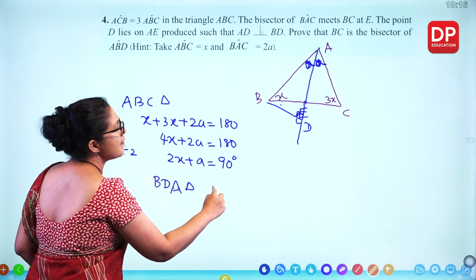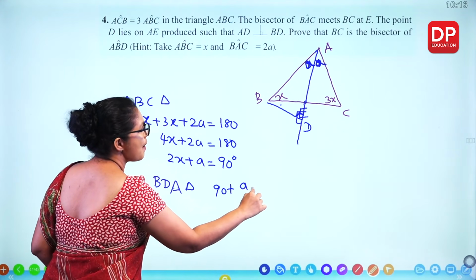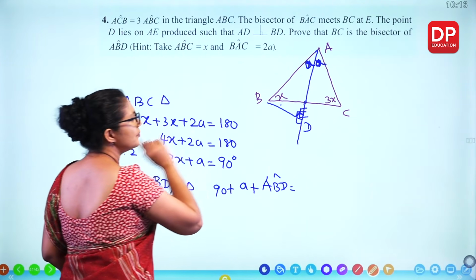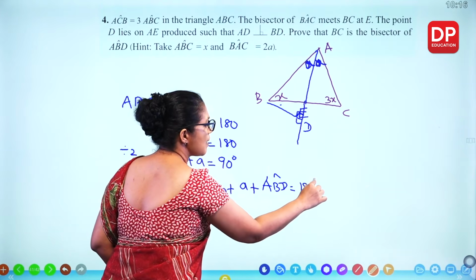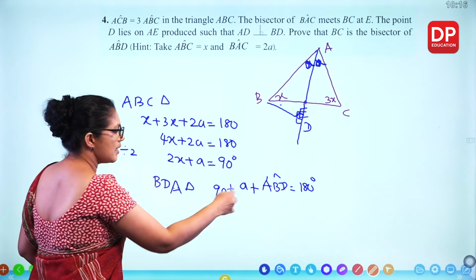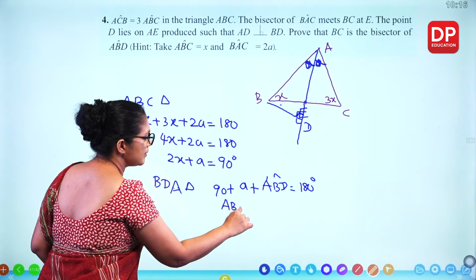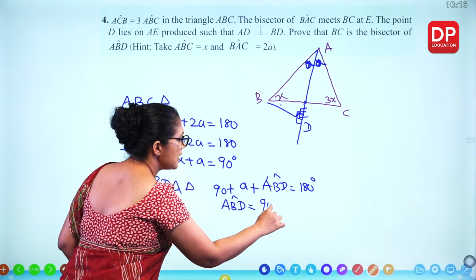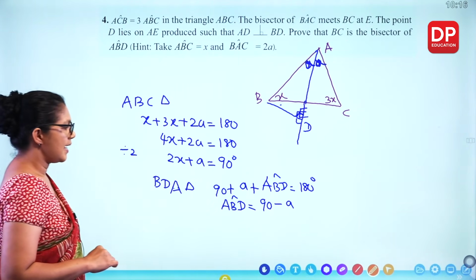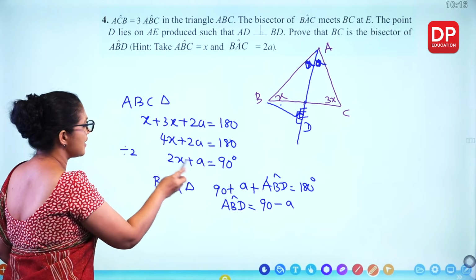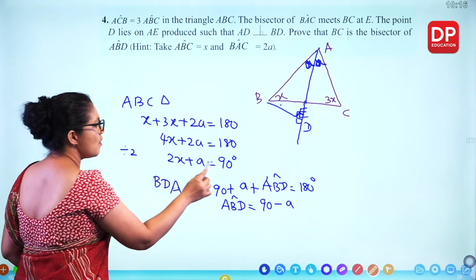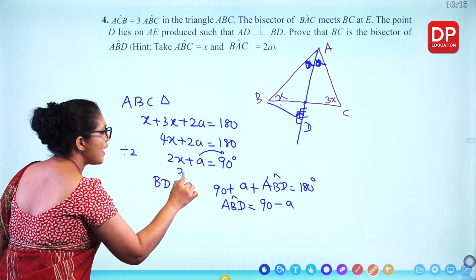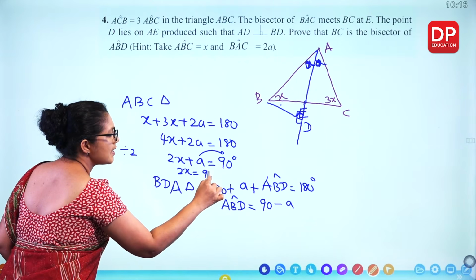So here I can write 90 plus A plus angle ABD is equal to 180. That's the sum of angles in a triangle. So here what can I say about angle ABD? 180 minus 90, you get 90, and then 90 minus A. Now when you take this equation, what is 90 minus A? When I take A to the other side, I get 2X equals 90 minus A.